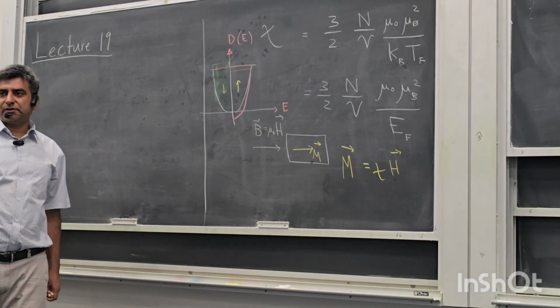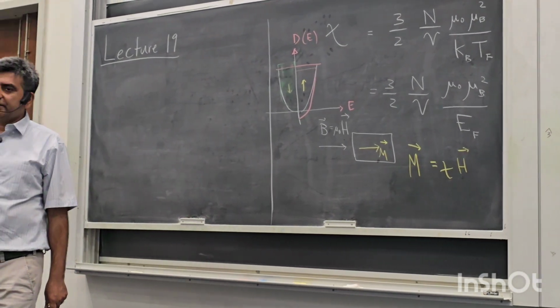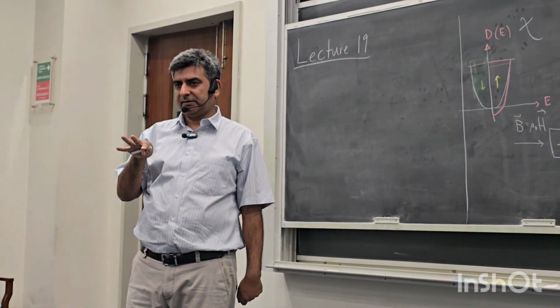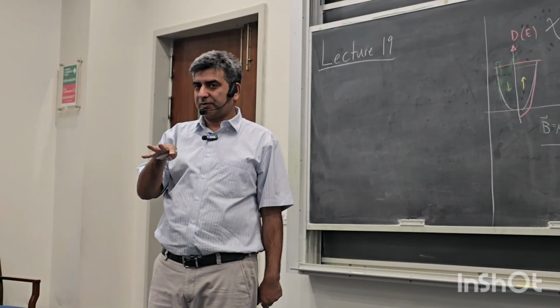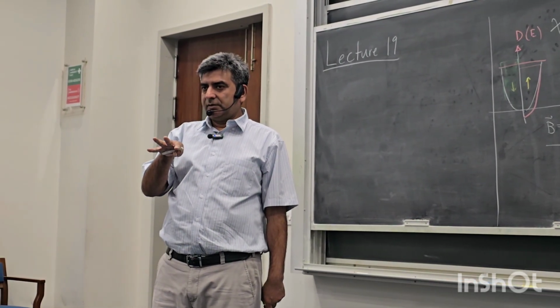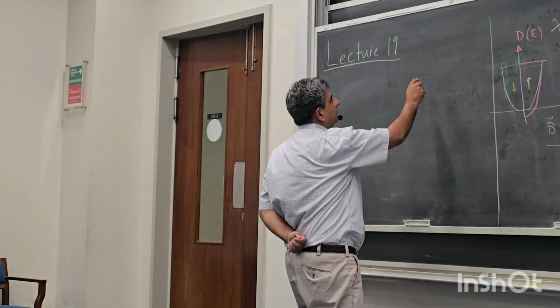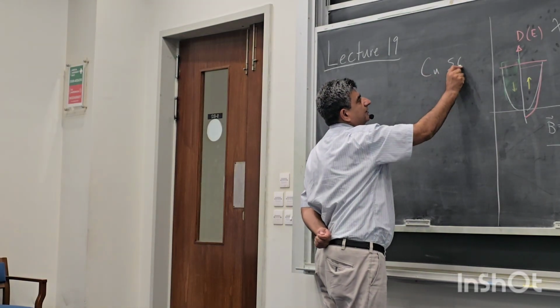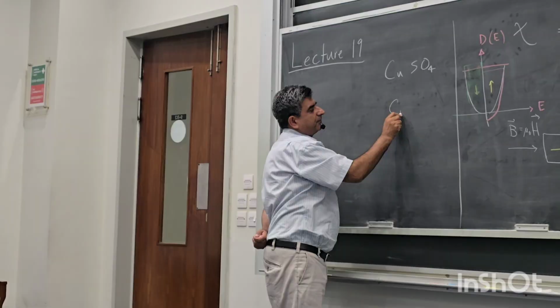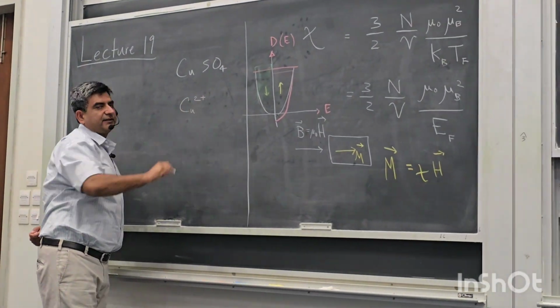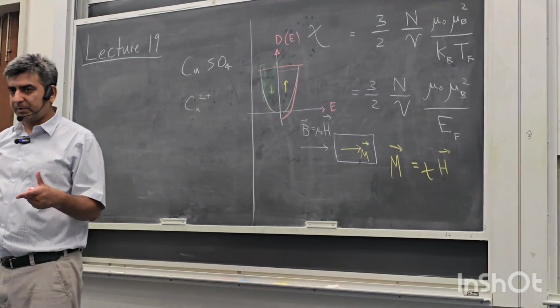Now consider electrons or spins that are bound to the atoms, so these are not free electrons. If you have, for example, a salt like copper sulfate, you have positively charged cations inside that salt, copper ion.